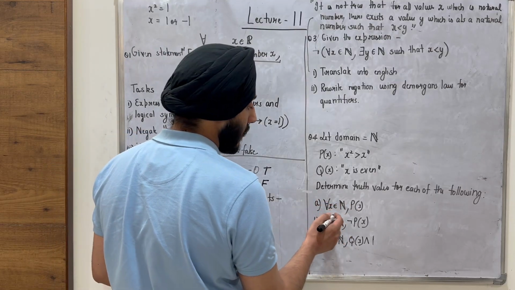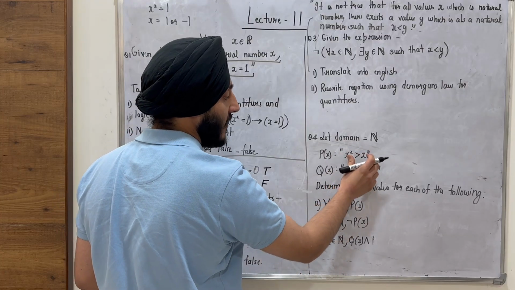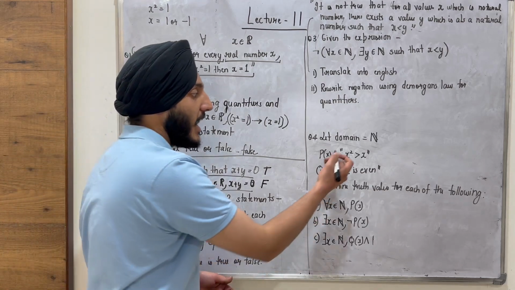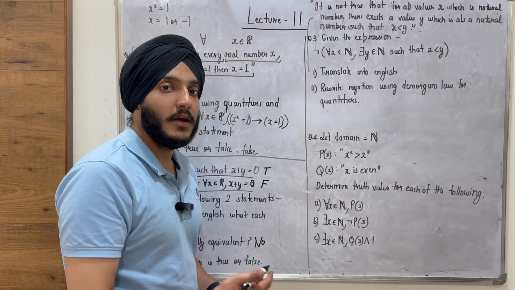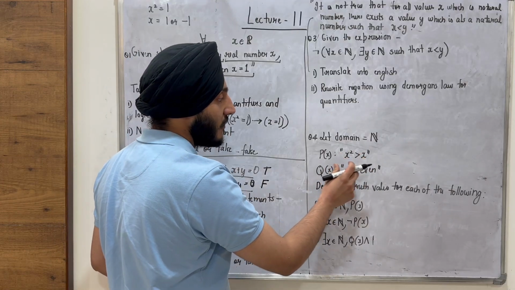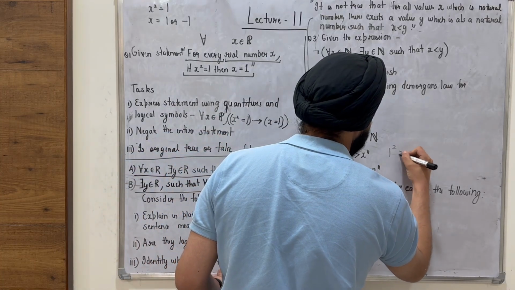So let's try to think about it. It basically says for all the values of x, x square is greater than x, right? So do you think for all the natural numbers, x square is greater than x? It is actually going to be false, right? Why? Consider 1 and 0 in this case.